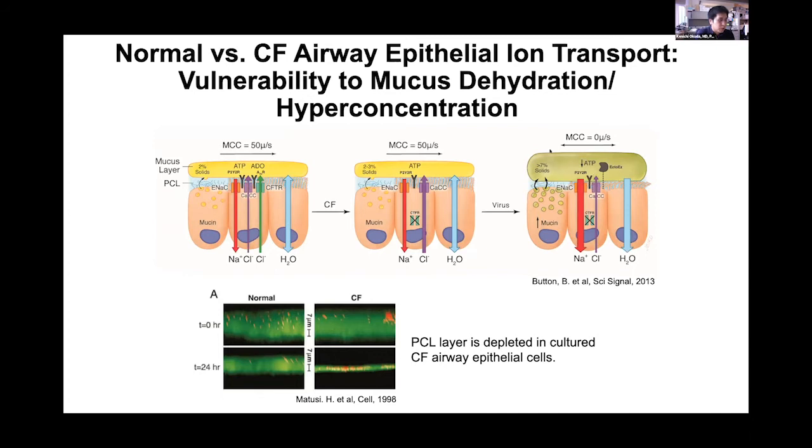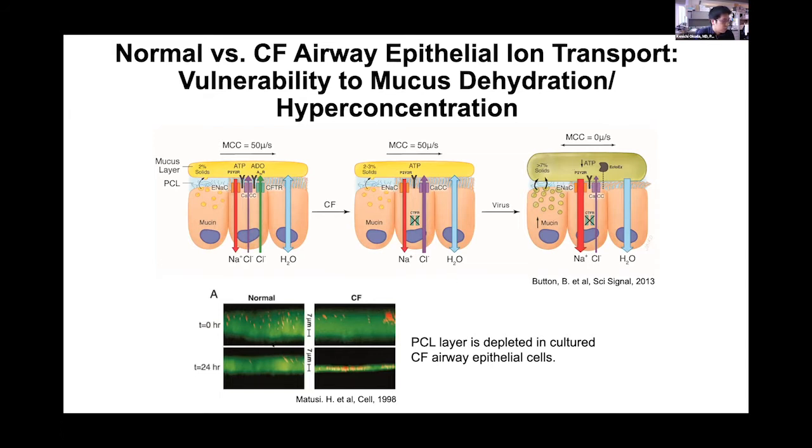Then the mucus gets thicker and eventually compresses the cilia region, which is called the periciliary layer. The cilia cannot get rid of the mucus above them, mucociliary clearance stops, and repeated bacterial infection happens. So CFTR function is critically important to maintain airway homeostasis.